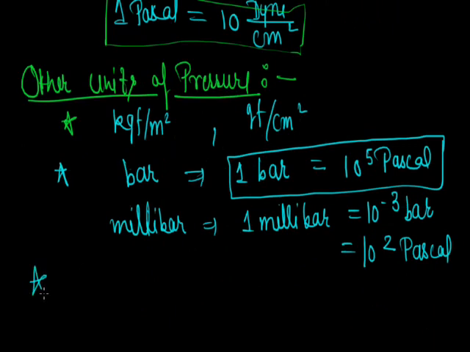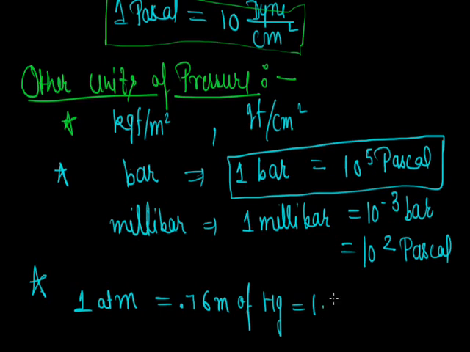Similarly, atmospheric pressure is measured in terms of height of mercury column. At normal temperature and pressure, the barometer height is 0.76 meter of Hg. So atmospheric pressure is also expressed in a unit called atmosphere, 1 atmosphere, and it equals 0.76 meter of Hg, means mercury, which equals 1.013 into 10 raised to power 5 Pascal.